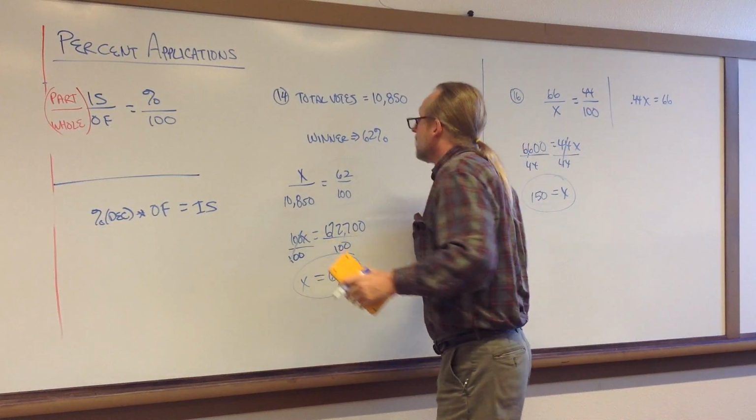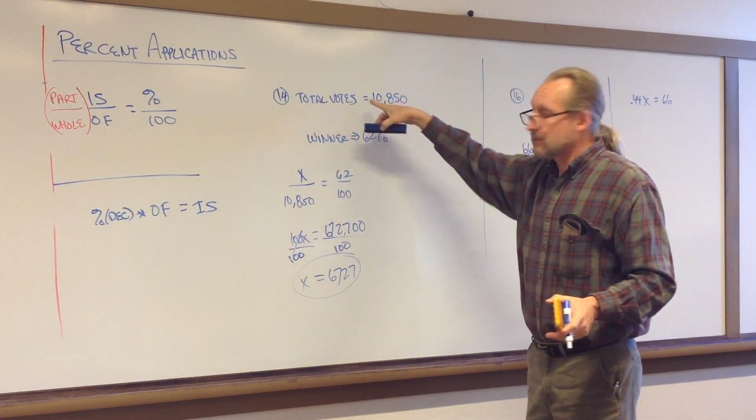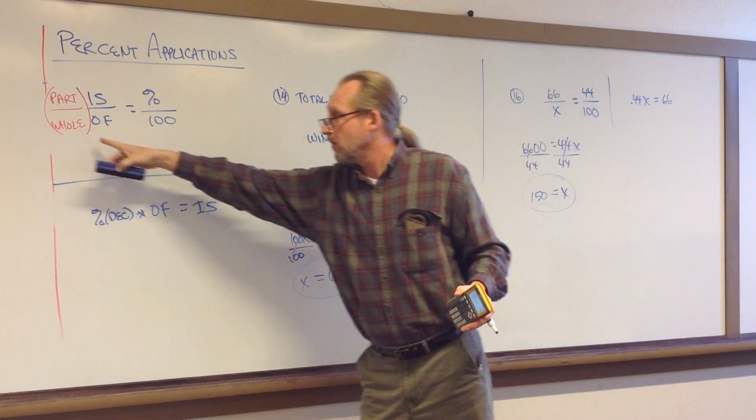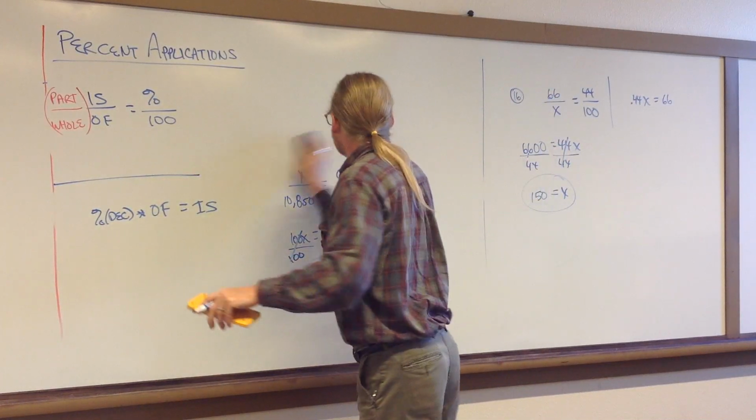All right. And again, if you think about part and whole for this problem, this is obviously all of the votes. So this is the whole, and the part is the number of votes that the winner received.